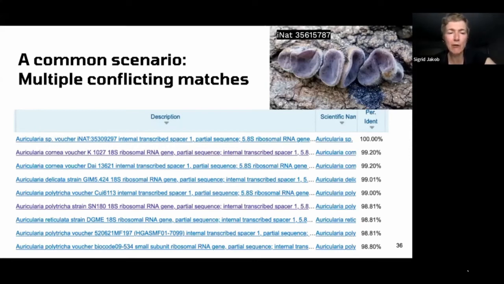And when I click through to all of them, which I always do, they're all Chinese sequences, which is not a bad thing. There are some amazing universities in China. I'm just not as familiar with some of the leading researchers there. So I can't necessarily say that this sequence is higher quality than that sequence, because I'm not familiar with the research or the researcher. So in this case, it's basically back to the microscope, because there's nothing here that gives me complete confidence that this is indeed Auricularia cornea.